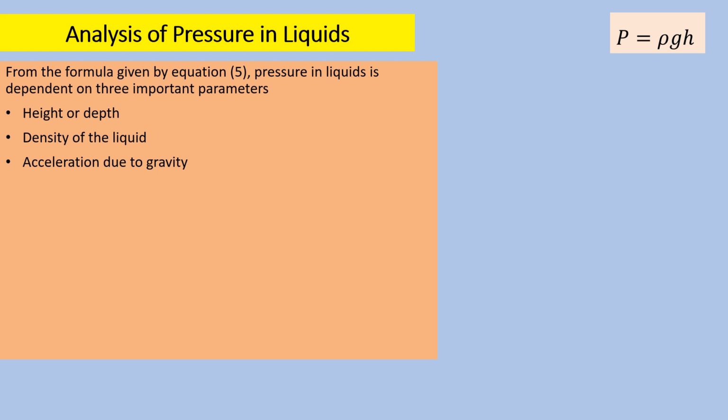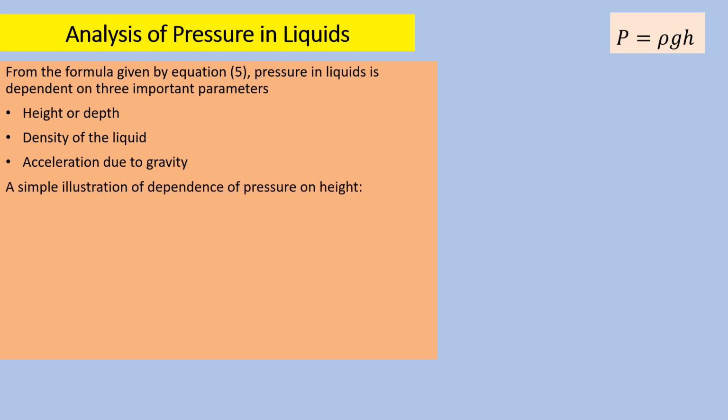But remember, acceleration due to gravity on Earth is almost constant because it is on average about 10 newtons per kilogram, but the height of the column varies depending on the amount of liquid, and also the density changes depending on the type of liquid.